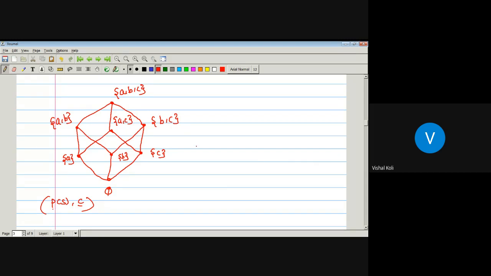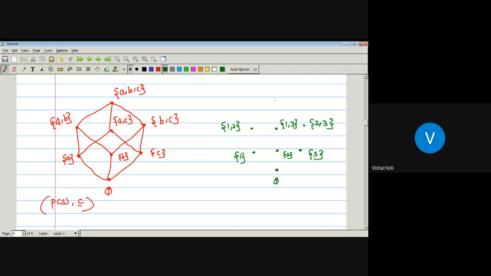Okay, same for the second one. Here somewhere will be phi. Here will be singleton 1, singleton 2, singleton 3. Now its immediate successors are 1, 2, 1, 3 and 2, 3.